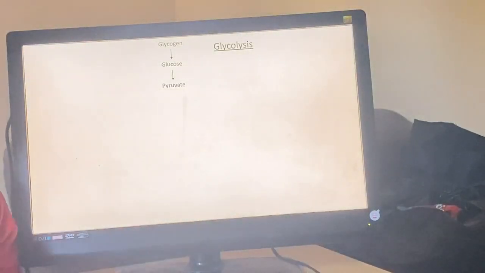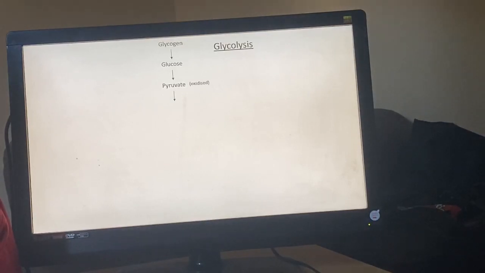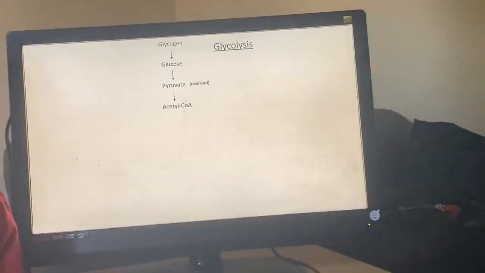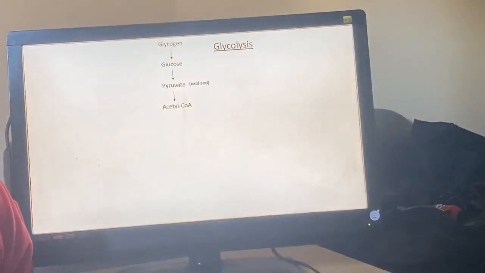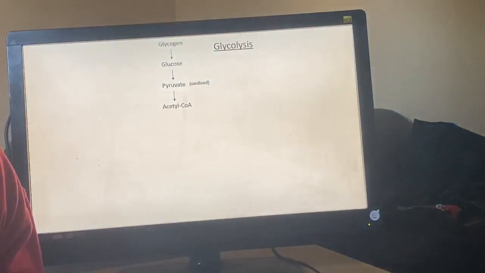So as soon as pyruvate is oxidized, instead of lactic acid, I get this thing called acetyl-CoA. Acetyl-CoA is very, very important because it allows us to enter something called the Krebs cycle.